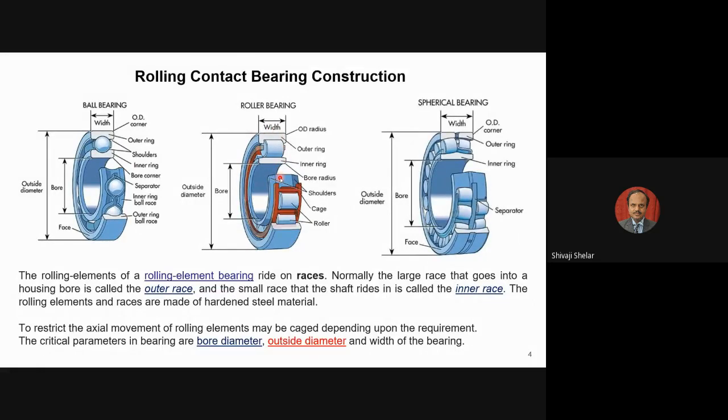Sometimes you may have seen applications where the bearing is mounted and its width is more than the housing thickness, so the bearing comes out. Actually, it is recommended that whatever size of bearing you require, it will have a standard width, and your housing width should also be at least equal to that width.